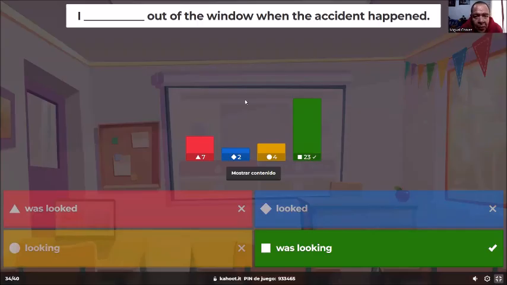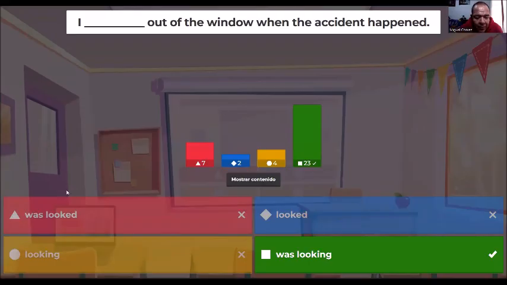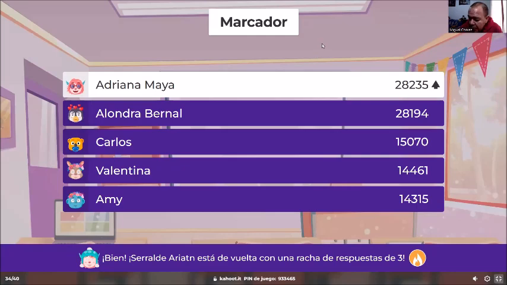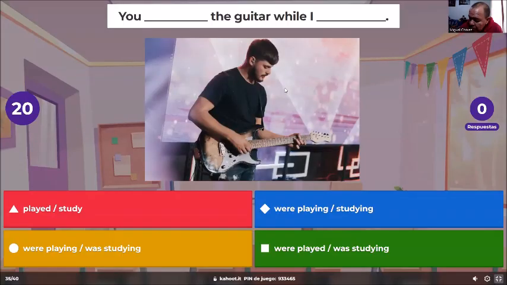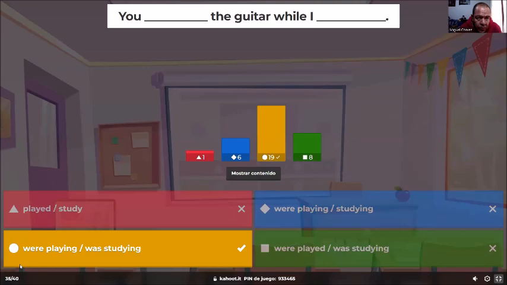I was looking out of the window when the accident happened. You were playing the guitar while I was studying.